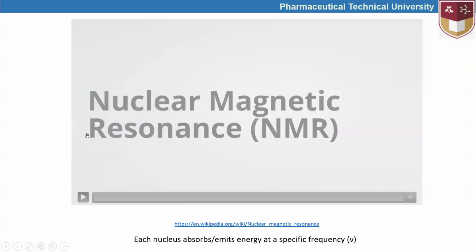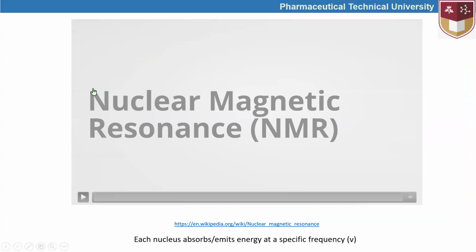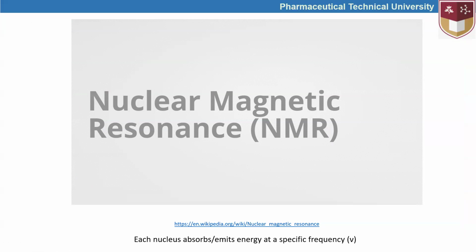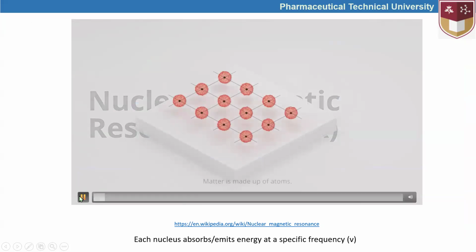Next. In this video now we are going to watch nuclear magnetic resonance, so then we can understand how the process is carried out more. Nuclear magnetic resonance. Atoms have their own nuclei.